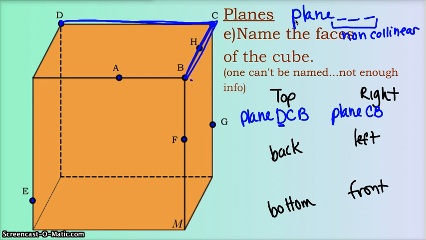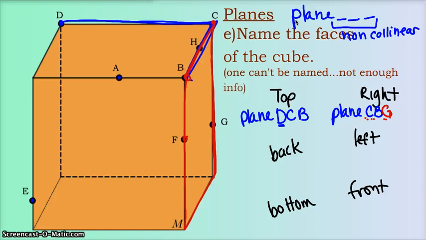When we talk about the right side of the cube, if I were to call it plane CB, by calling it plane CBG or even CBF, you've now made your eyes go back from this line straight down to let somebody realize that if you start with BC on that edge, that you're going down and not across. So call it CBG, call it CBF, or any combination of those letters, but you need 3 points that do not lie on the same line.